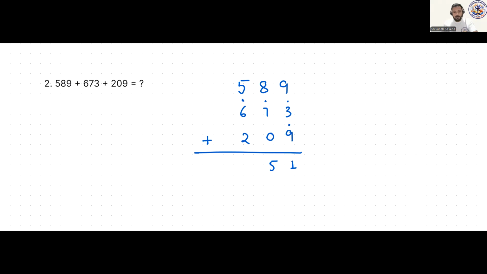Leaving the units place. Now, count the dots. I have 2 over here, 1, 1. Adding them up, 1, 5 add 2 is 7, 3 add 1 is 4, and 1. 1471. That is our answer.